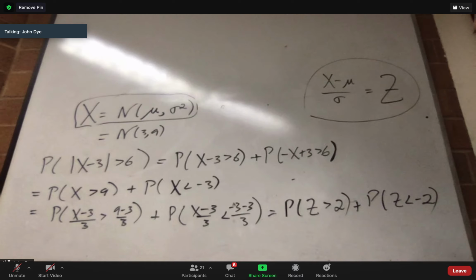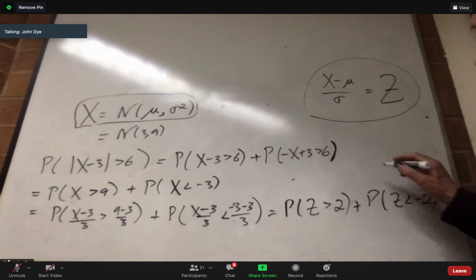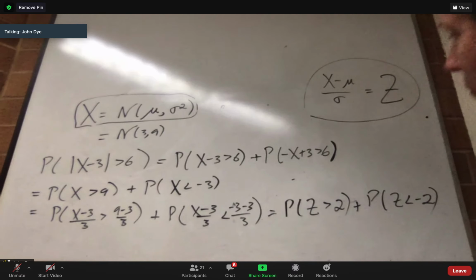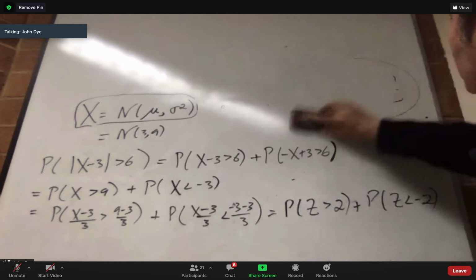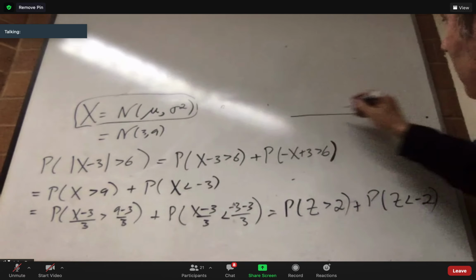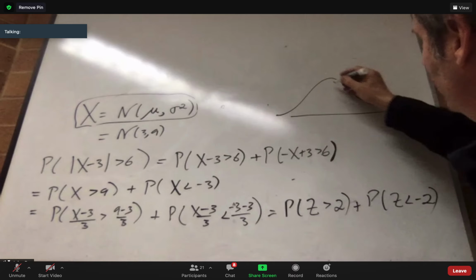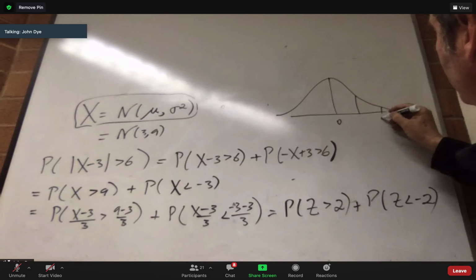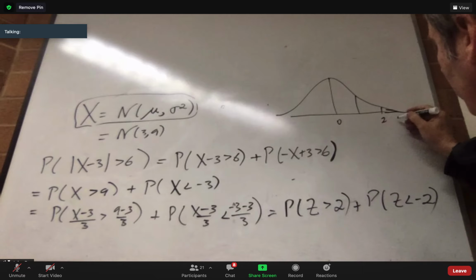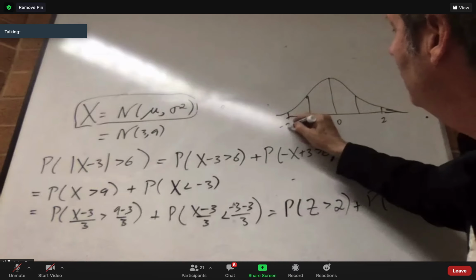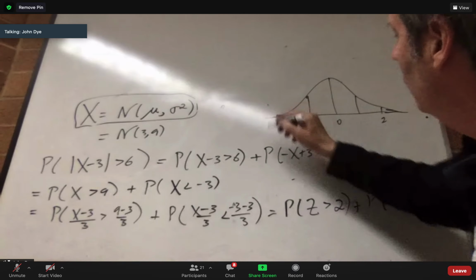Okay, so now to use the table. So we've done the normalization. So we use the table, and how do we do that? Well, let's look for some symmetry here. This is 0 because we're standard normal. So that's 1 and this is 2. So it's either over there or over here.